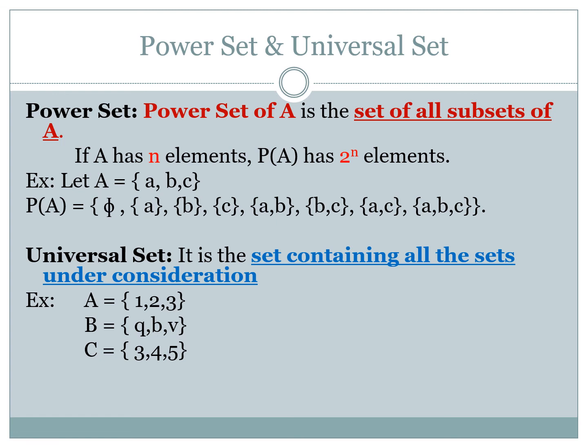Then the set U contains all the elements of the 3 sets A, B and C. So U is a universal set. Universal set is the set containing all the elements of the sets under consideration.